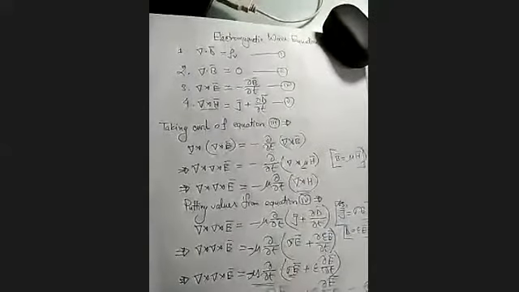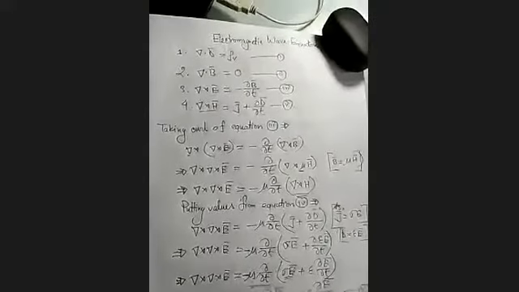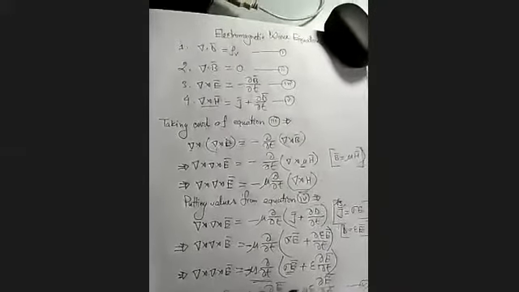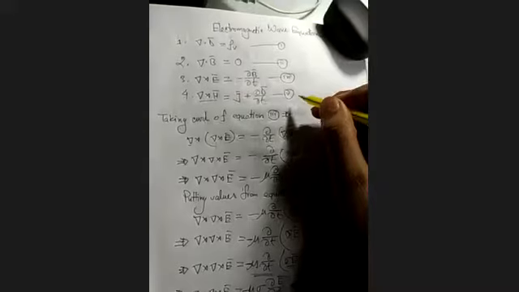Instead of E, if we consider the curl of equation 4, similarly we will get del cross H. If you have confusion, you can take curl of equation 4, you will get the same result as I can write. That's the technique: instead of E, you will replace H. Del cross H is equal to minus mu sigma del H divided by del t minus mu epsilon del H by del t.